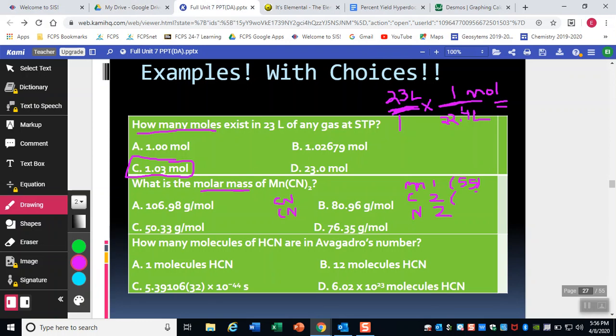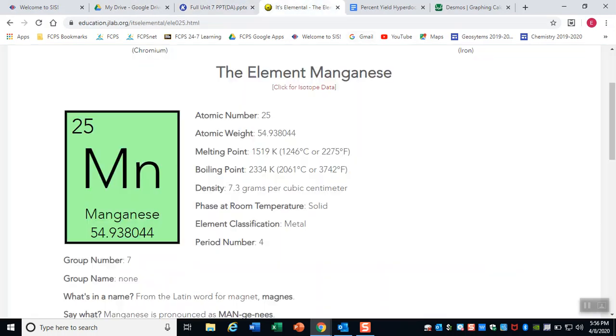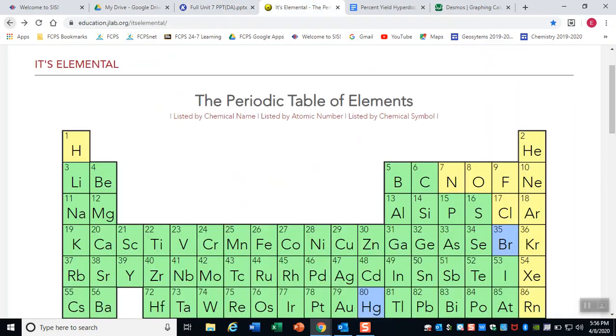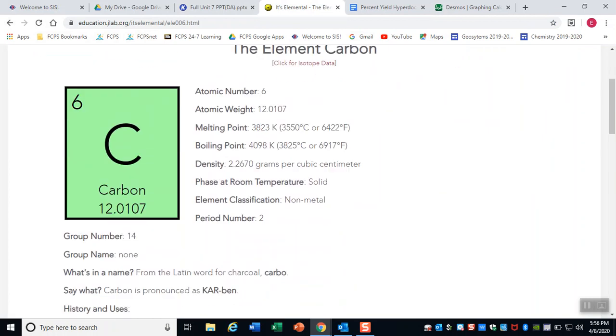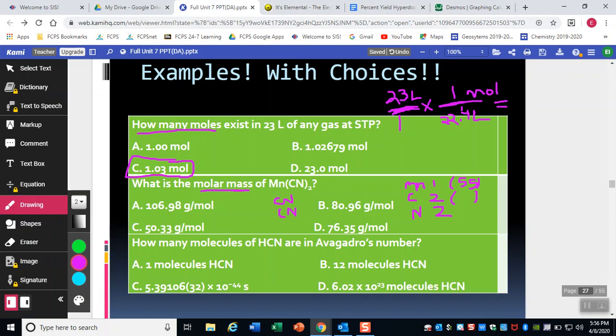Carbon. Let's find carbon. Here's carbon, and it is 12. And nitrogen is 14. So I've got 1 times 55, 2 times 12, and 2 times 14.